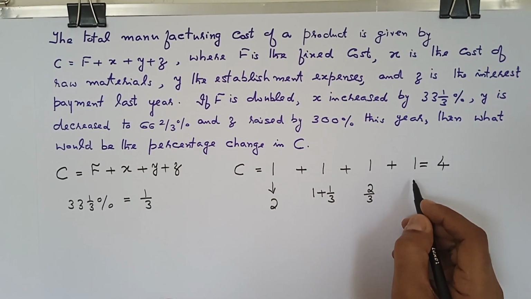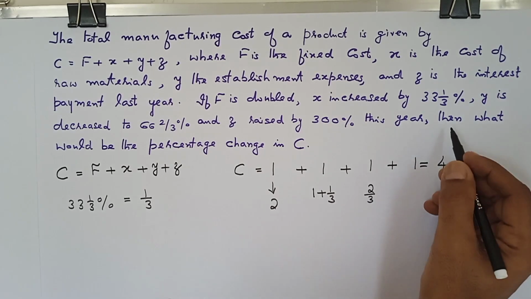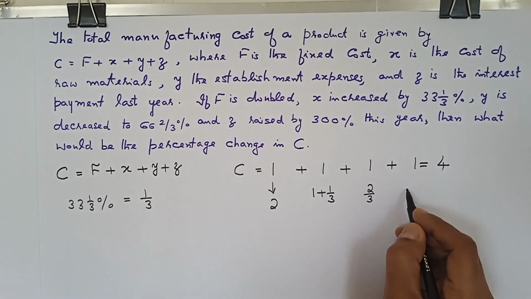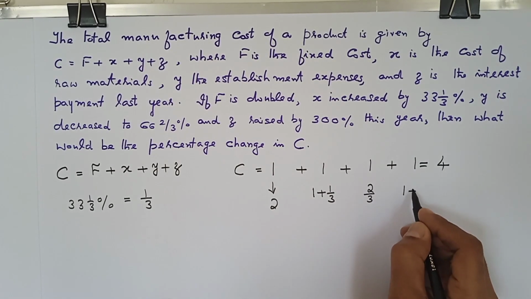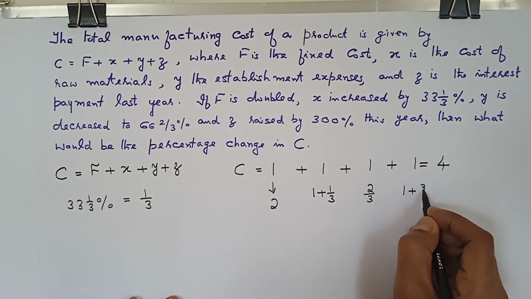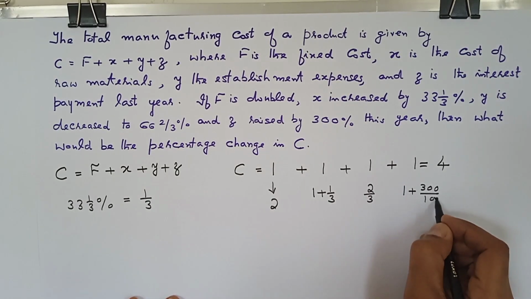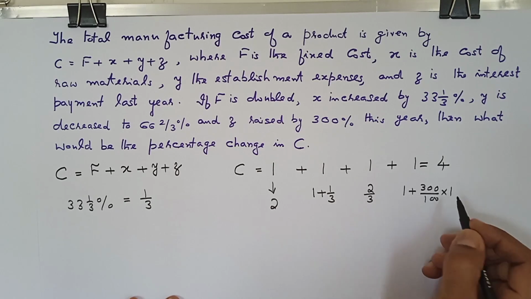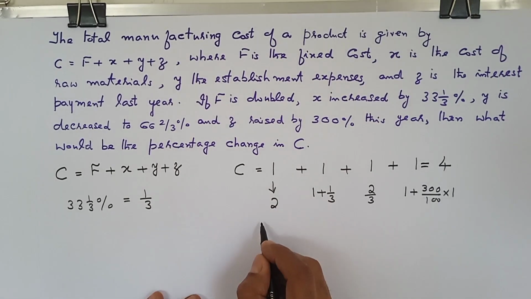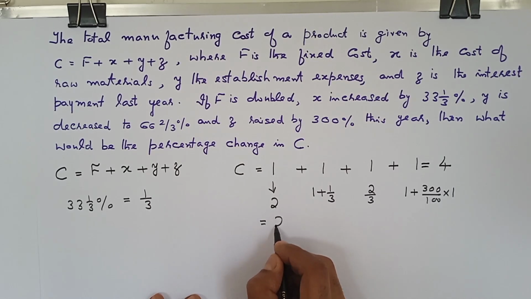Now, look at the last one. Again, it increased by 300%. So you write whatever quantity that variable had before the change, then add 300% of it. Let me write that again. So these are the numbers you got.